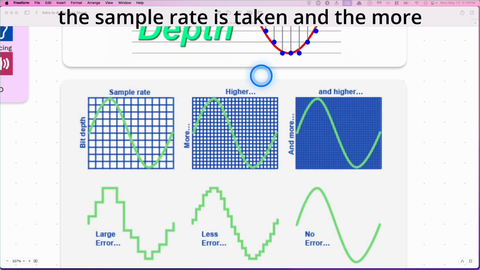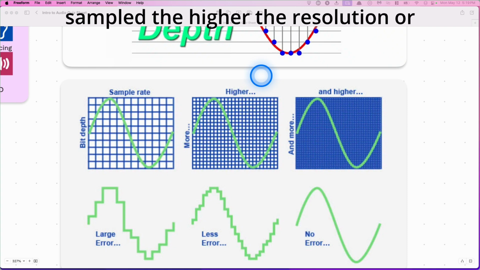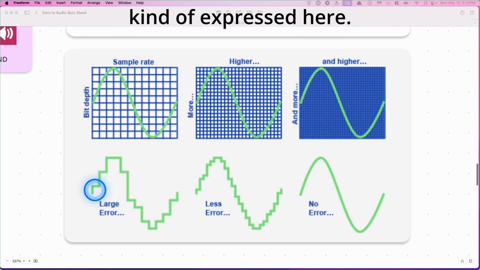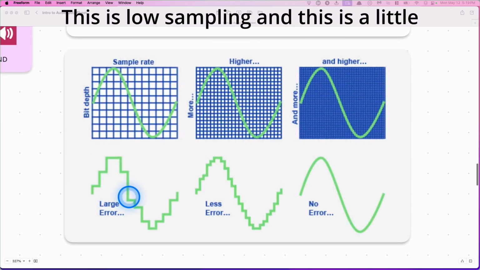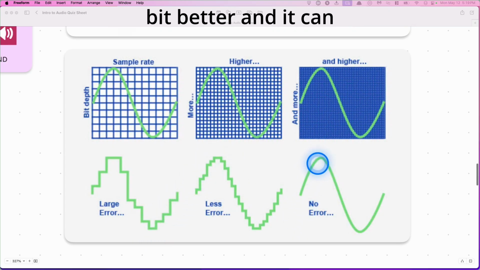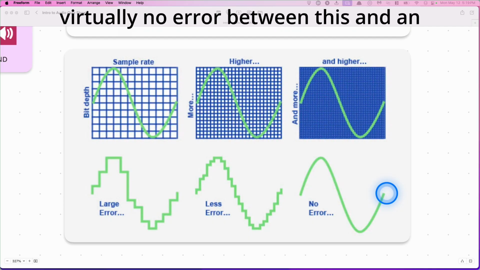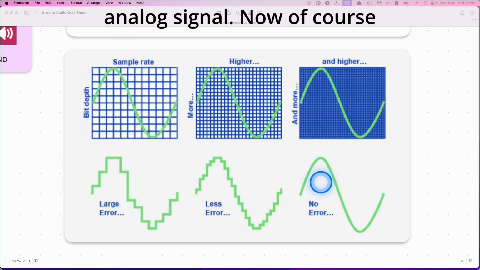The more times the sample rate is taken and the more times the bit depth is sampled, the higher the resolution or fidelity of sound. And you can see it expressed here. This is low sampling, and this is a little bit better. And it can get really, really good and virtually no error between this and an analog signal.